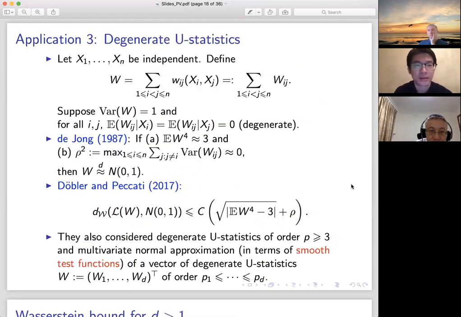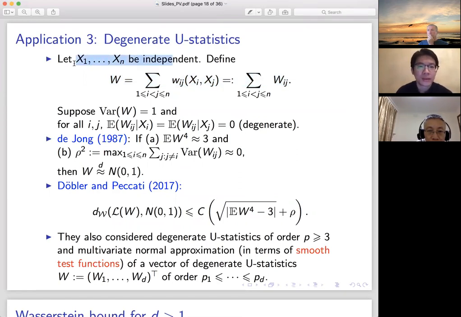Now the third application is to degenerate U statistics. I first introduce degenerate U statistics in one dimension and of order 2. The setting is as follows.